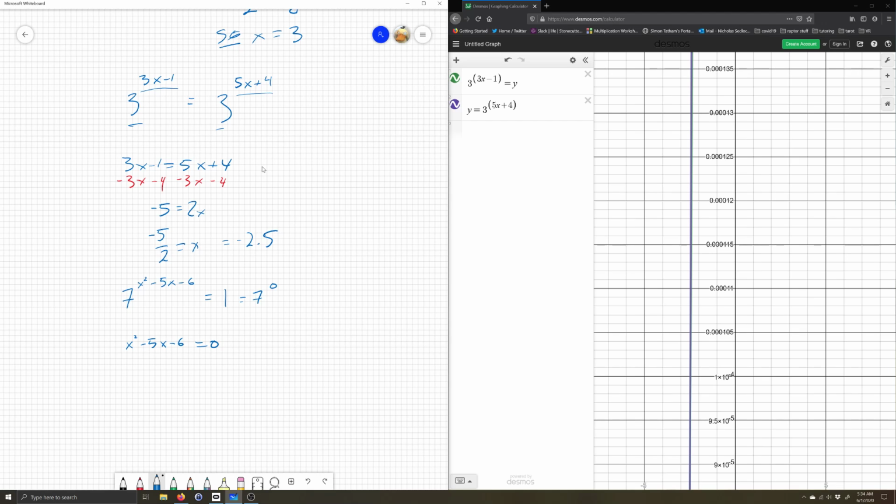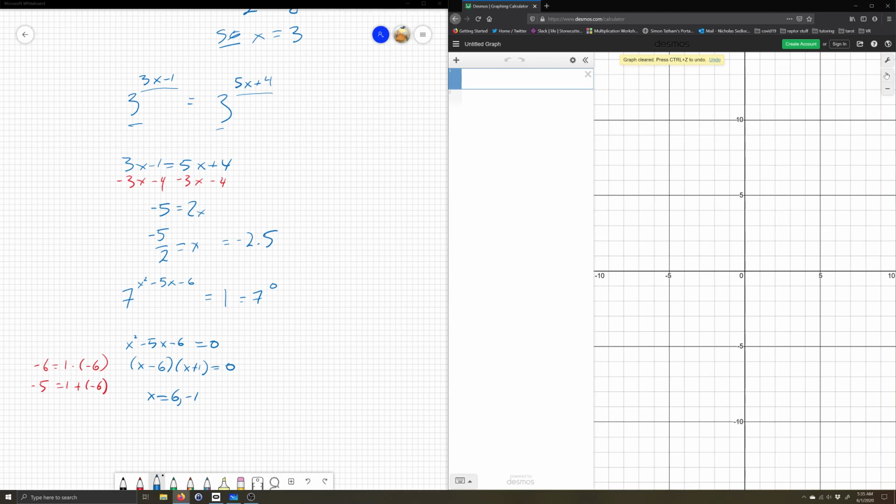So we can actually solve this using the factoring trick. The key thing to notice is that negative 6 is 1 times negative 6, and negative 5 is 1 plus negative 6. So I can rewrite this as x minus 6 times x plus 1 equals 0, and I get x is 6 or negative 1.